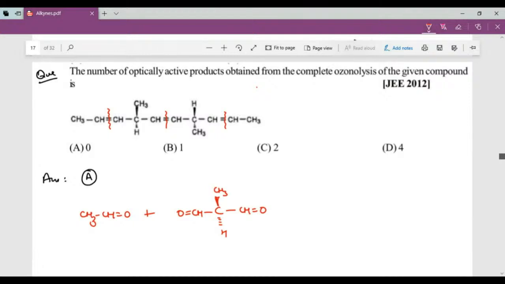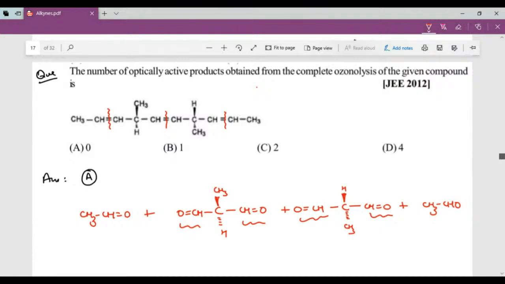Second unit: CHO, CH3CHO plus CH3CHO. So as the two groups are now the same on both sides, these two chiral centers which were chiral otherwise are no more chiral.